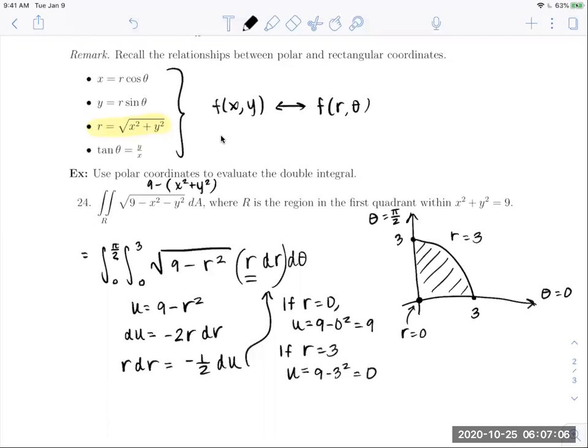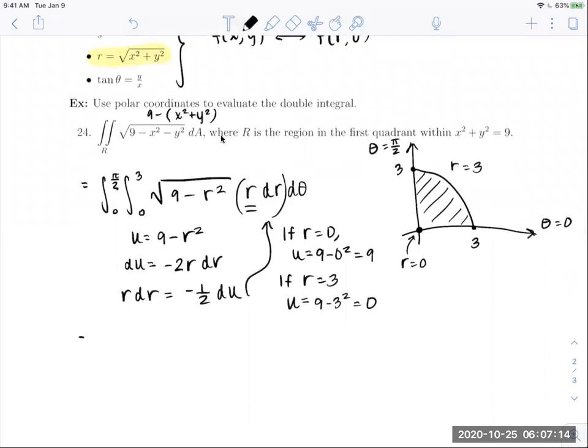All right, so we actually see our limits of integration changing here from 0 to 3 to 9 to 0. The outer limits of integration we're going to leave. And then we have the square root of u times negative 1/2 du d theta.